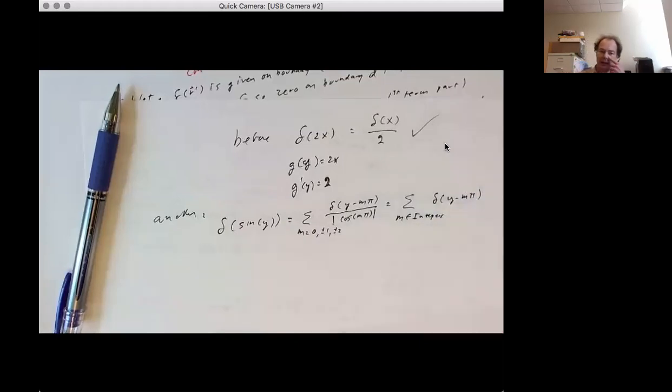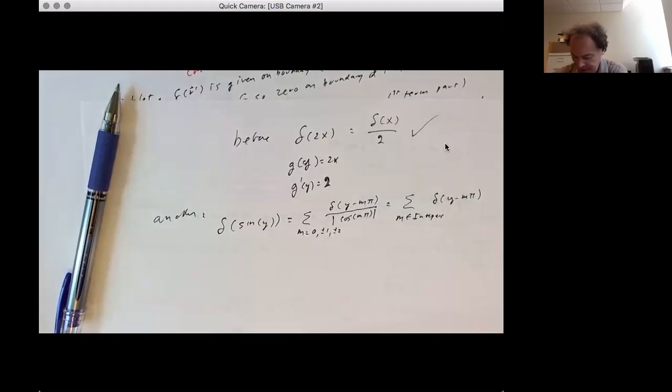So something as nice as delta of the sine of y becomes an infinite number of delta functions equally spaced out by n pi. That might be good for something, who knows?